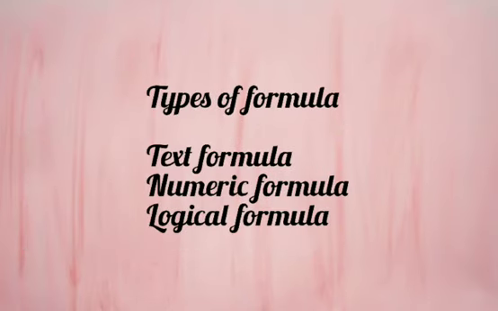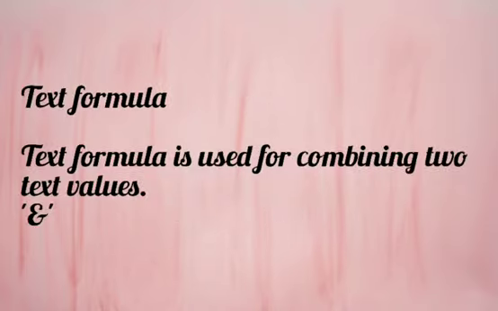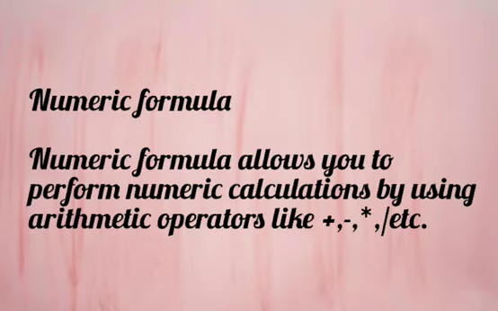Types of formula. There are three types of formula: text formula, numeric formula and logical formula. Text formula. Text formula is used for combining two text values. The ampersand character is used to join text values. Numeric formula.